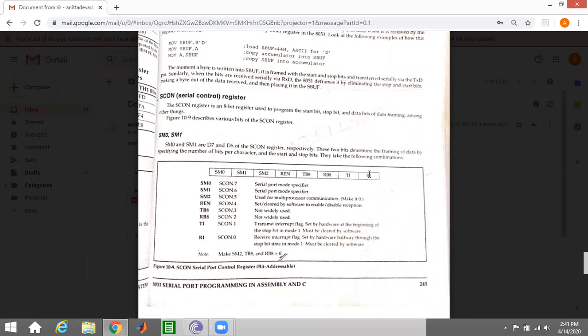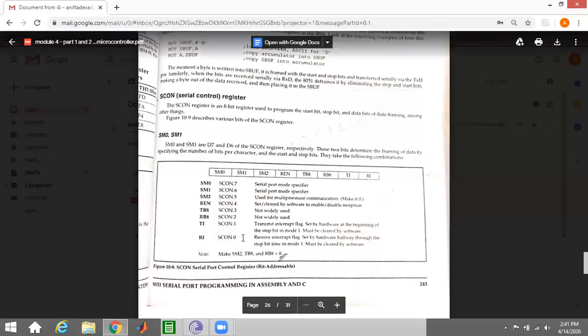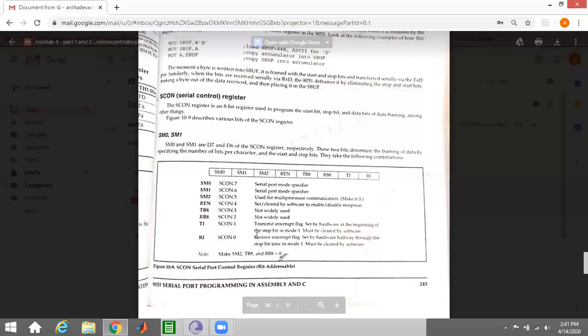Now in serial communication a transmission is happening, and at that time some other interrupt is coming and interrupting it. So this flag will be set high to show that somebody is interrupting. Have you got the serial control register?